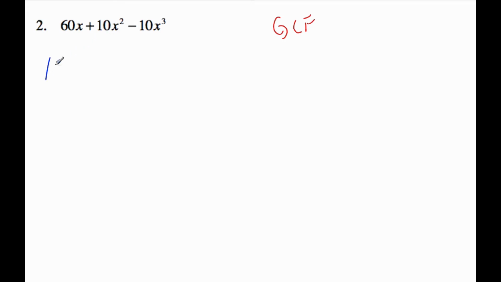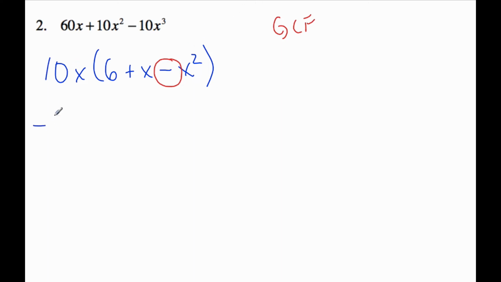Right, 10x. If I pull out a 10x, well, that's going to give me 6 plus x minus x squared. Right. I got a problem here. My a value right here is negative 1. I don't like that. I can make it positive 1 if I pull out a common factor of negative.